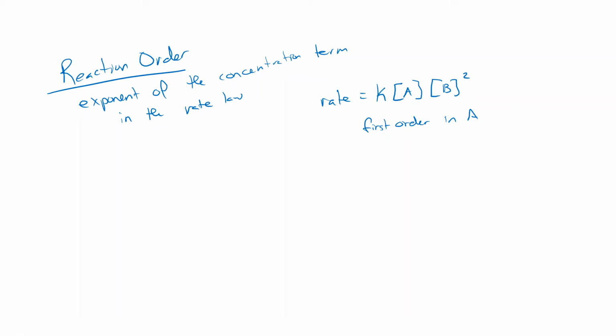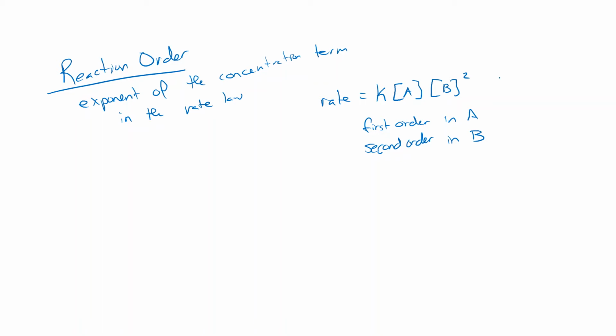We don't write in exponents of 1 because there's no reason to. But if you don't have an exponent, then that term is first order in A. It is second order in B, because of course there's a 2 there. And if there was a C in this reaction, we would say it's 0th order in C because C is not part of the rate law.